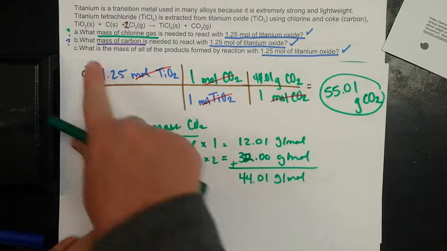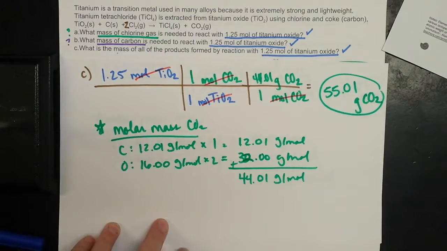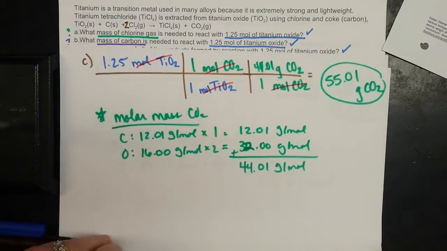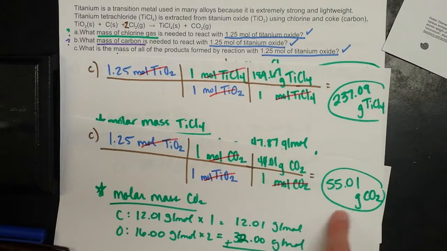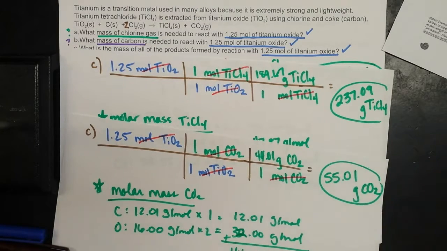Okay. So if I want to find the total mass of the products formed, I can take the mass formed of one product and add it to the mass of the other.